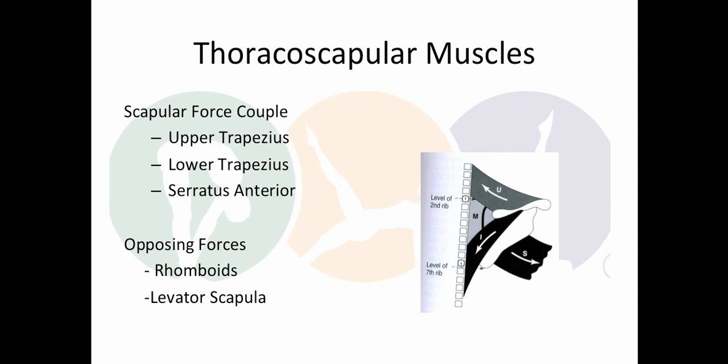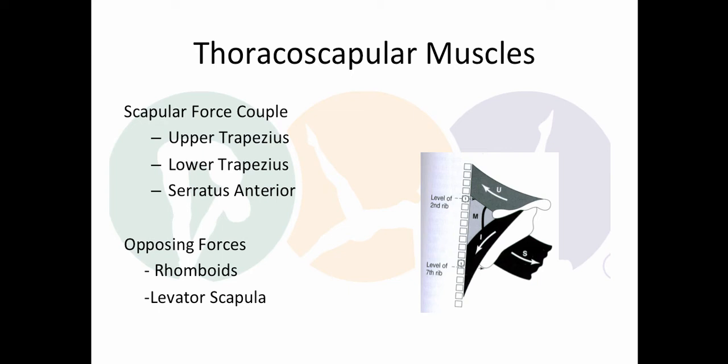And the upper trapezius and levator scapula function in two different ways and also in two similar ways. They both will shrug the shoulder, and they do this in unison when the arms are down by your sides. But the upper trapezius is an upward rotator of the scapula, and the levator scapula is a downward rotator of the scapula.